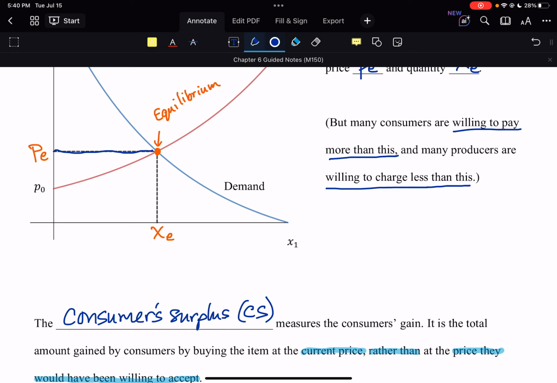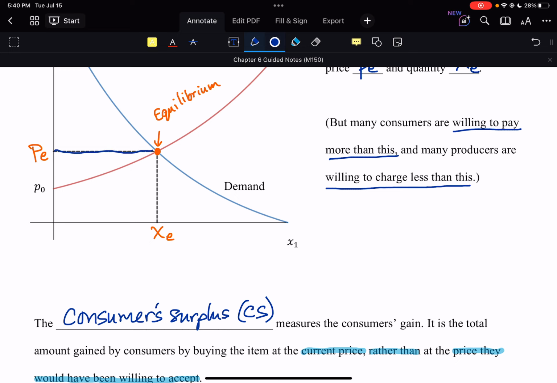They could still charge these lower price amounts and still potentially make revenue, make profit, all of that good stuff. But they don't have to charge these really low prices because the consumers are buying at equilibrium. So this amount of money that they're gaining extra is the producer's surplus.